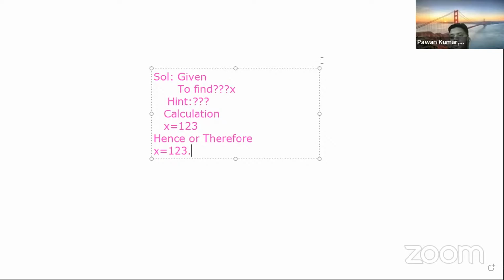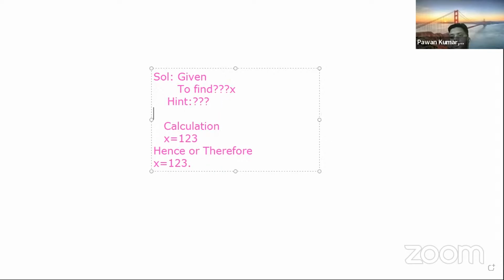That is what you have to understand about how to write in mathematics. One more important thing: the hint includes the formula also, meaning what you are going to calculate from the question and what formula you are using for calculating it. That is the hint.